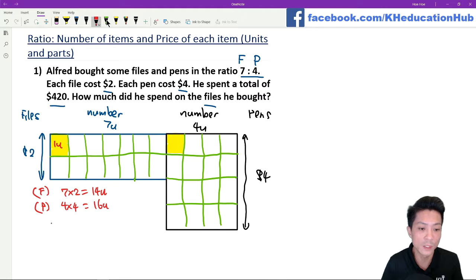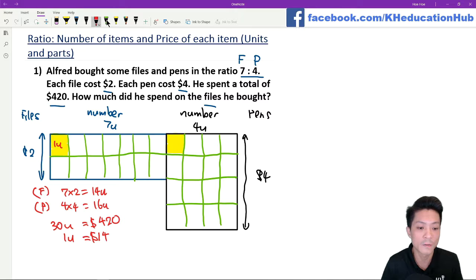Altogether, it will be 30 units, and it is equal to $420. Now, once we find what is 1 unit, which is equal to $14.